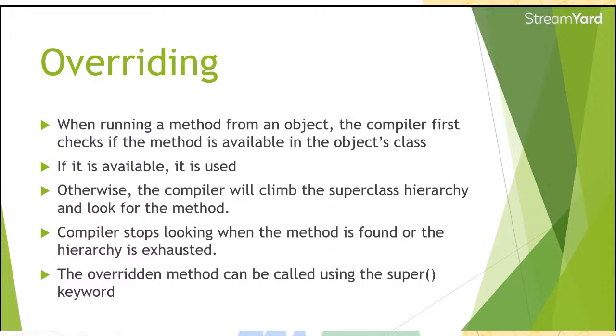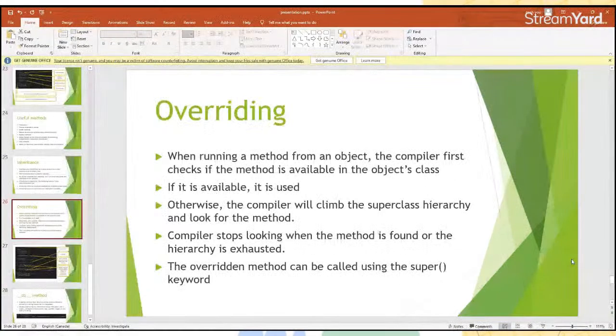You have to understand that a superclass can have multiple subclasses and it can have multiple superclasses as well. It's just a bunch of classes inheriting from each other. So the compiler is going to go through all of these subclasses or superclasses until it reaches the end, and until it finds something.